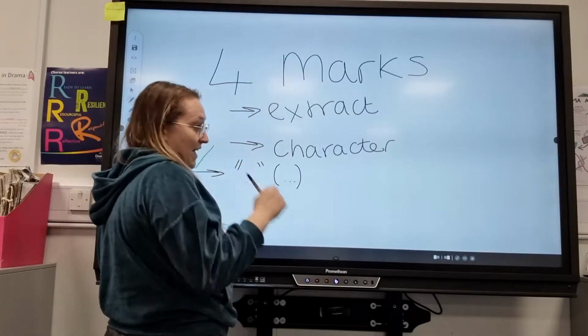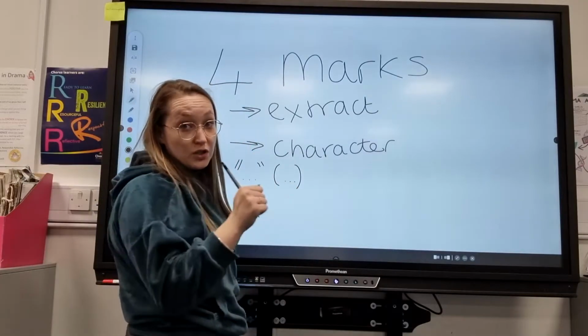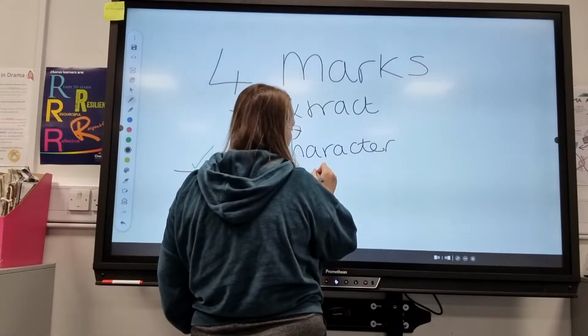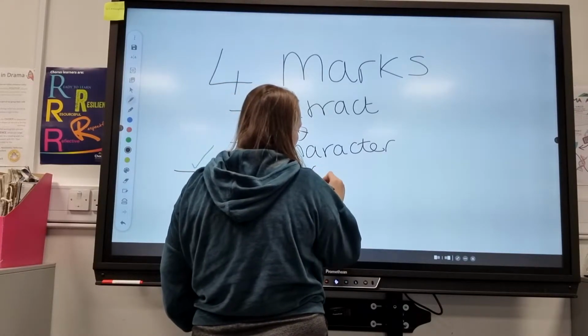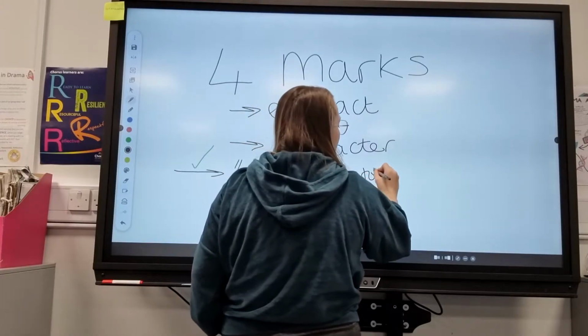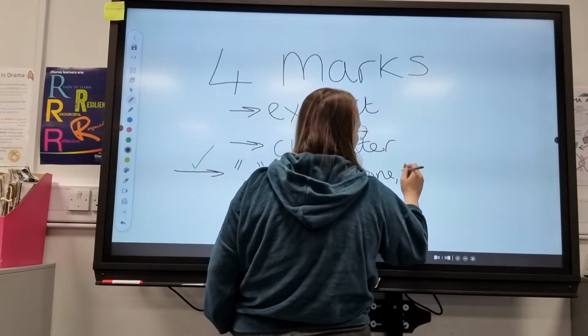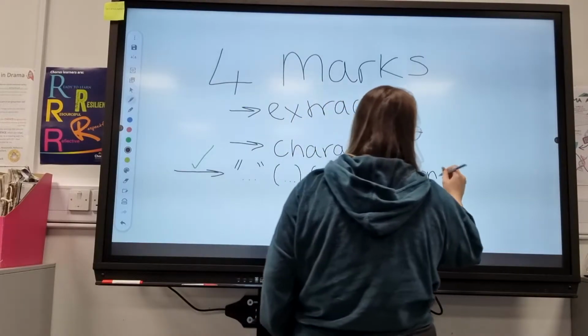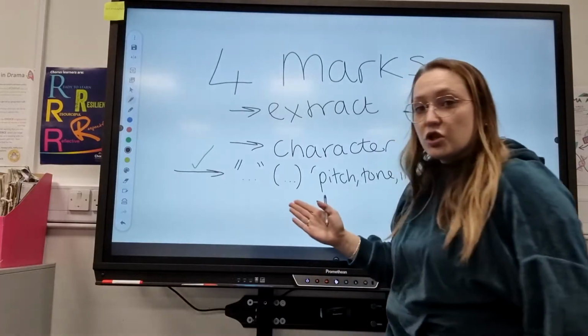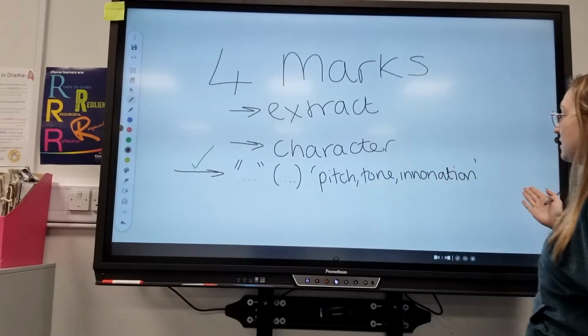Now, if you can, you should include a keyword. So something like, I'll put it in inverted commas, pitch, or tone, or intonation. Okay, you should try to use one of those keywords.